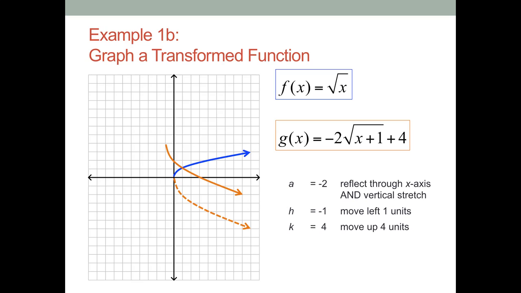Now my endpoint starts at -1, 4. I cross through the point 0, 2. I also cross through the point 3, 0. And that takes care of all of the transformations that my a, h, and k values say have to happen. So this solid orange curve that you see would be the graph of our g function, -2 square root of x plus 1 plus 4.